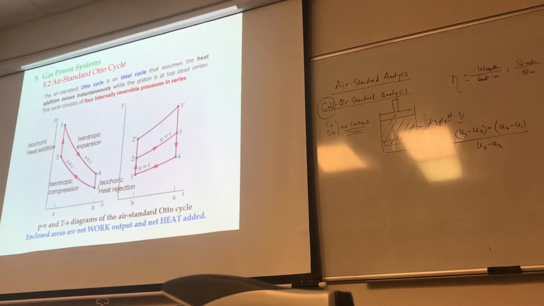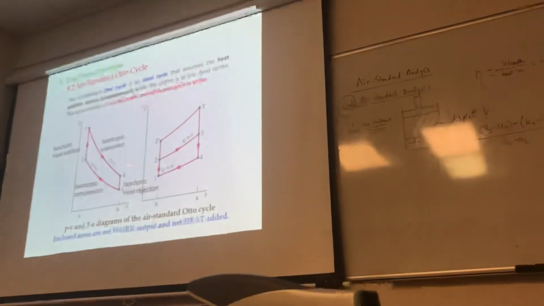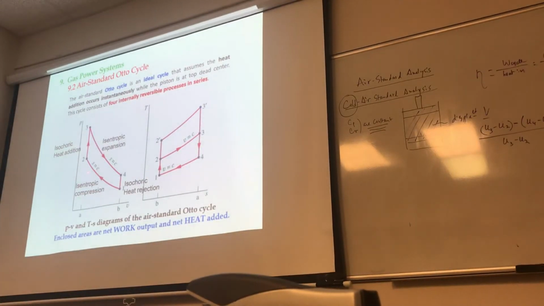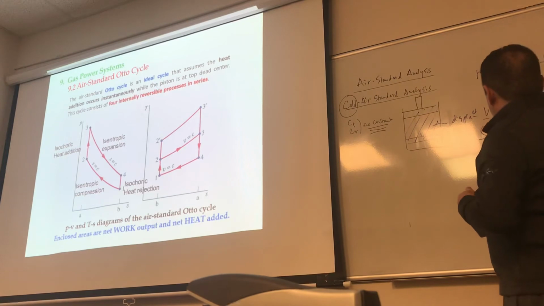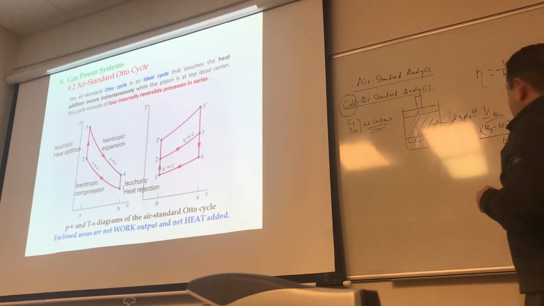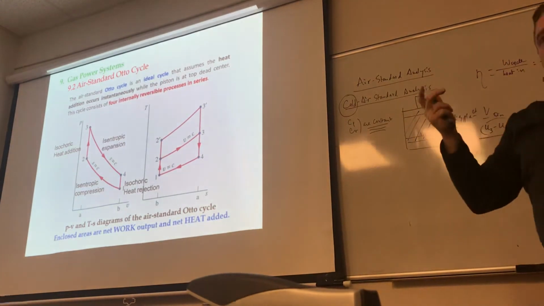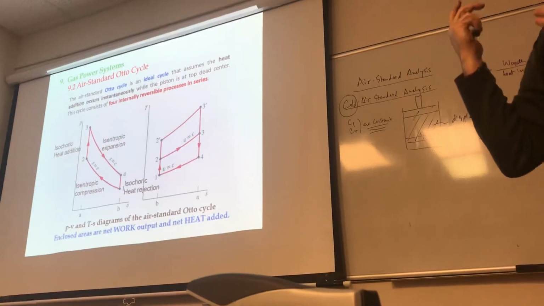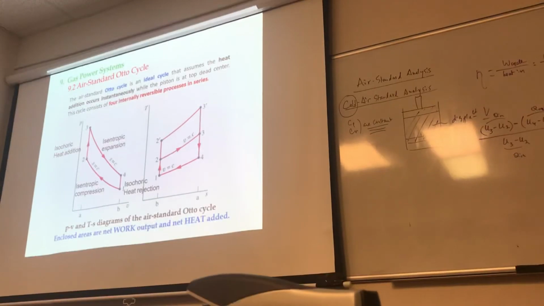So what is Q in in here? Q in is U3 minus U2. What is Q out? U4 minus U1. You see, U3 minus U2 is Q in, this is Q out, and this is Q in. So the equation may look kind of odd, but it makes sense if you go back to the basics.